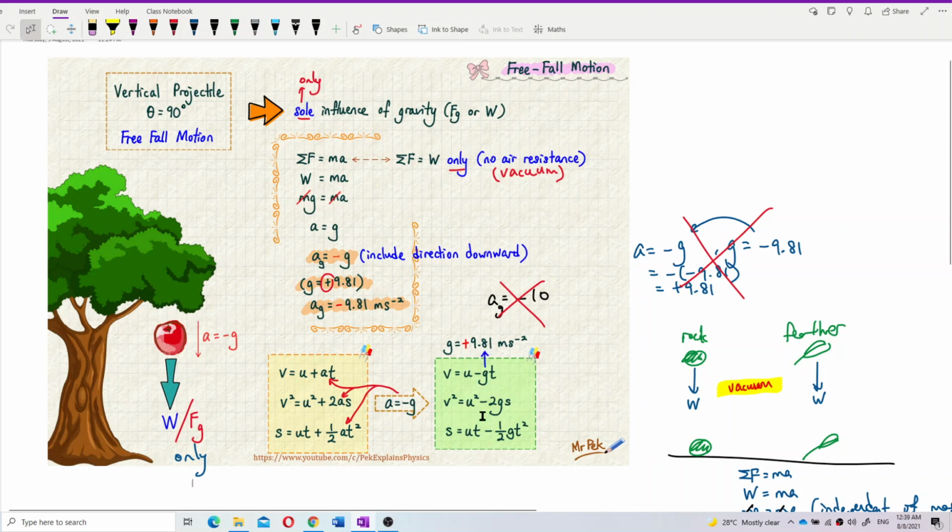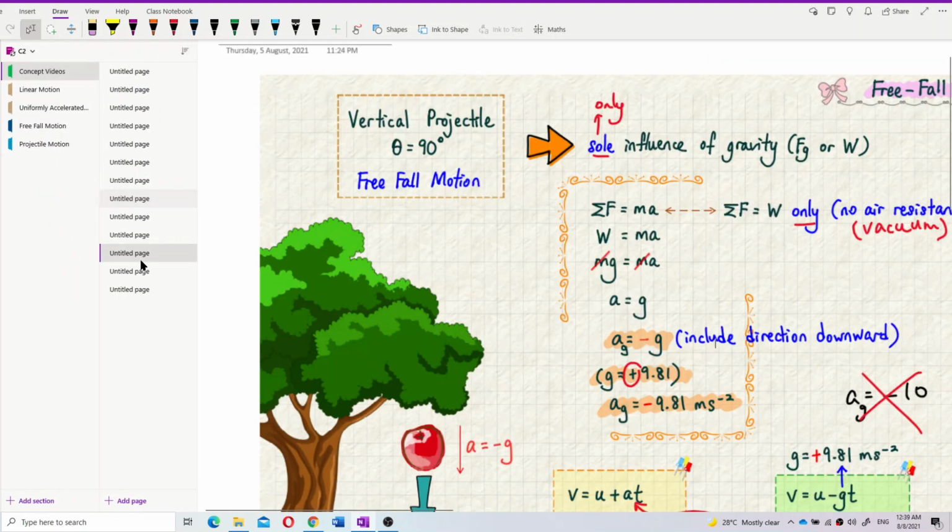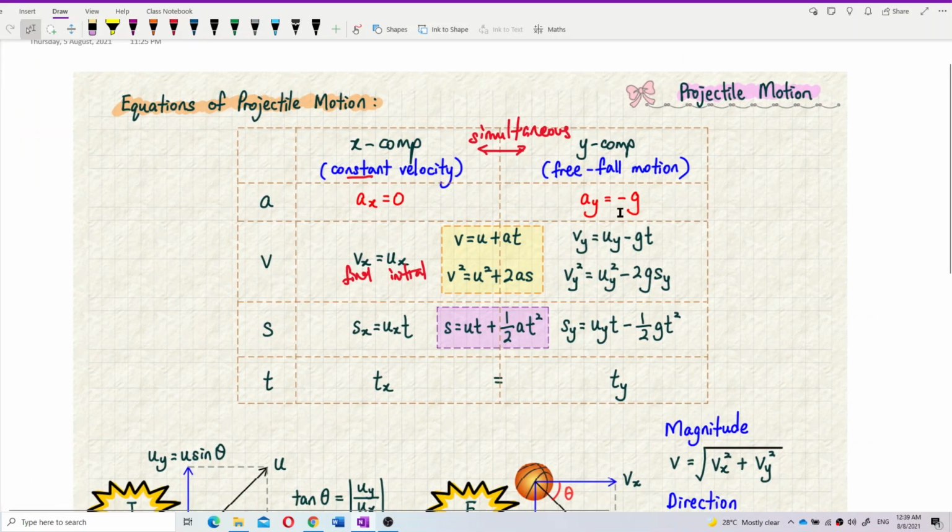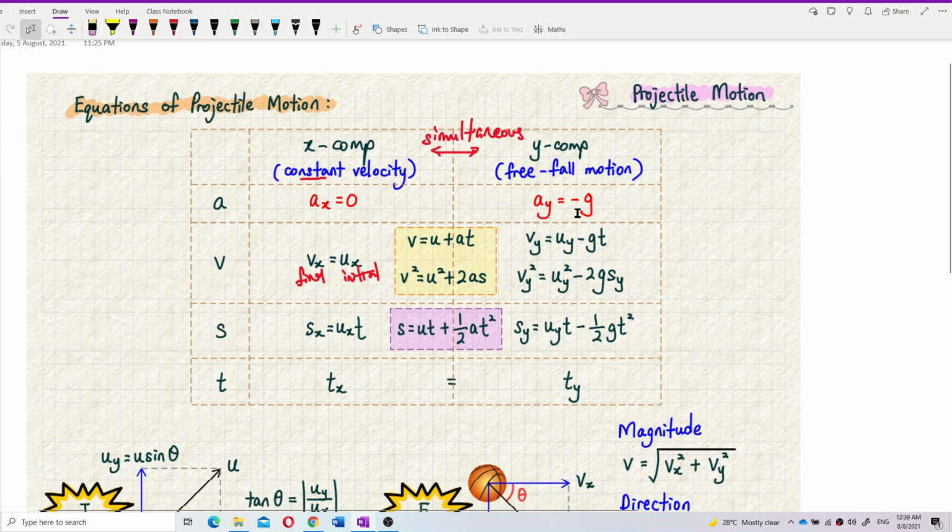You see, v squared equal to u squared minus 2gs. This one we also use for the y component of projectile motion. Exactly the same formula. A equal to negative g, we substitute into here, and we get exactly the same formula as the free-fall motion formula.